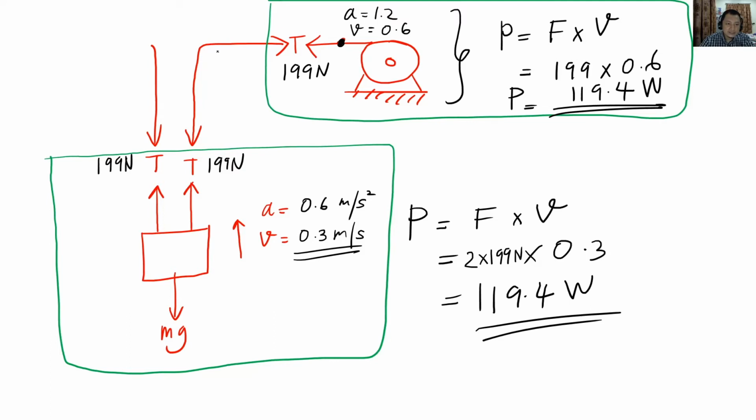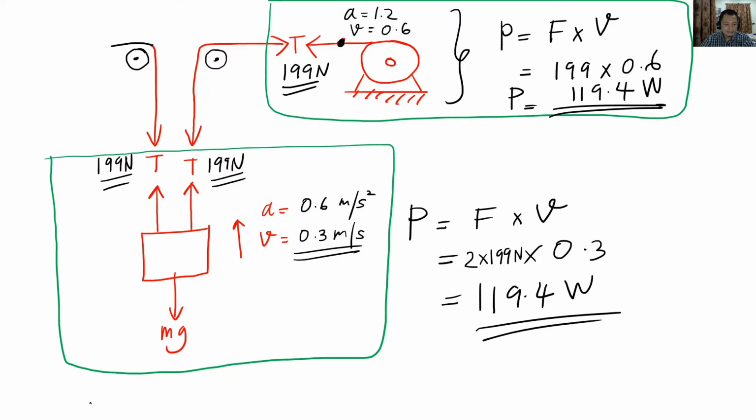Remember our pulleys? This is our pulley, right? Pulley here. So the good thing about pulleys is that it can double the force. 199 Newton boleh angkat barang yang double the weight because of the pulley.